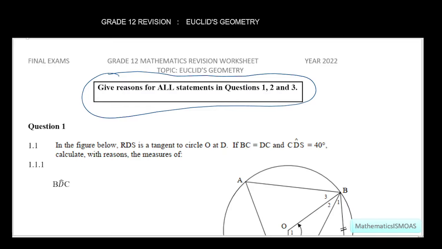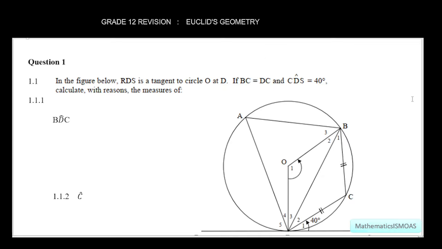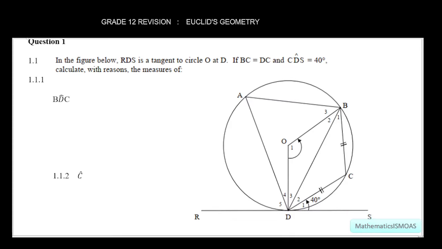All right. Let's start with the first question. Question 1.1. In the figure below, here is our figure.